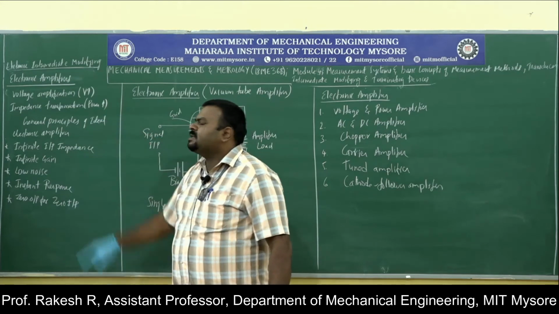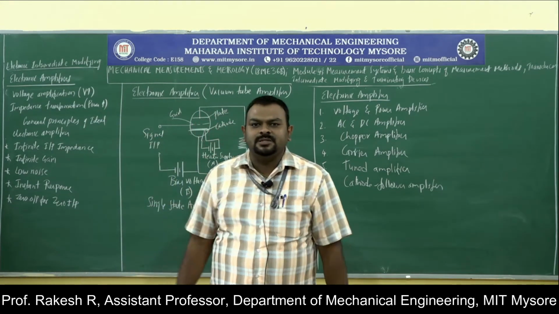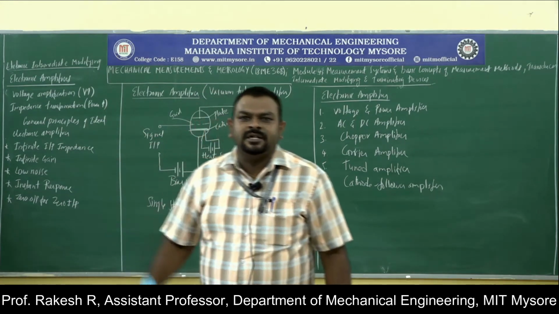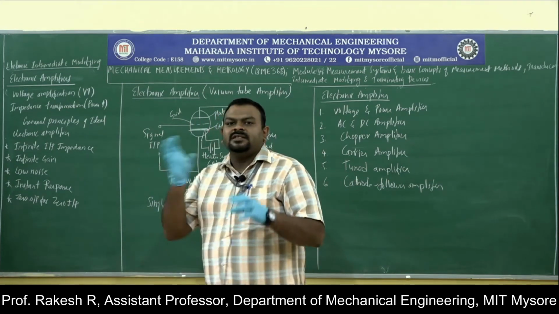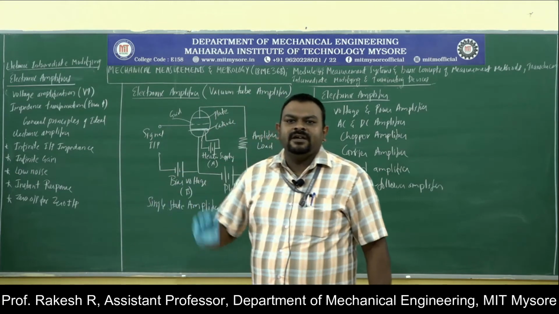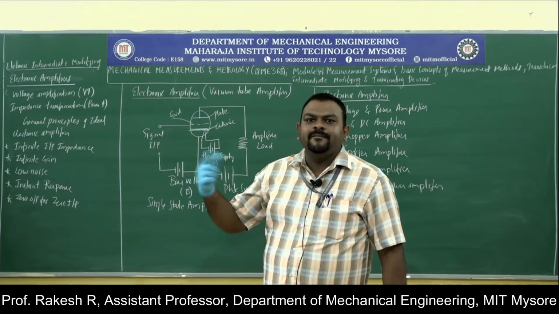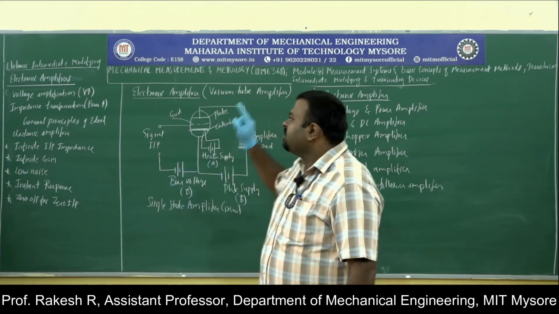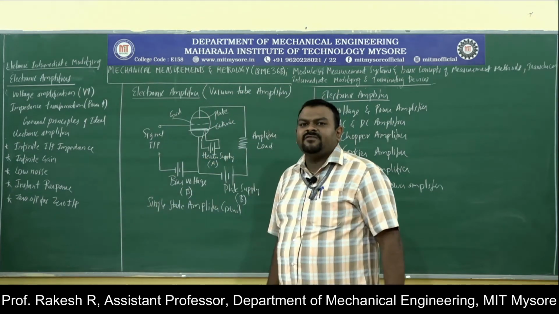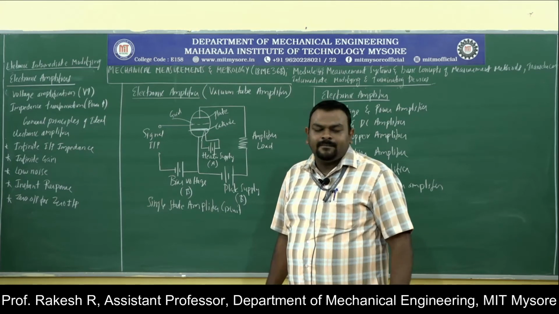Whenever we want impedance transformation or high resistance, in other words high power in the circuit, power amplifiers will be used. In power amplifiers, multi-stage amplifiers will be used. Because of that, the impedance of the circuit can be increased without altering the voltage amplification. That is one of the advantages of electronic amplifiers.